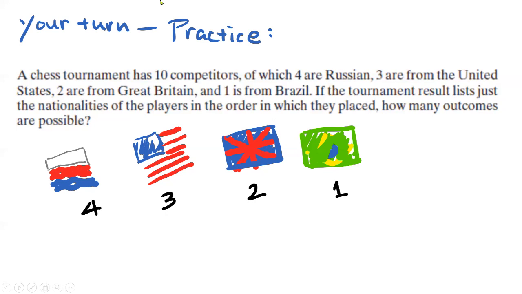Okay, have we finished? What is the result? According to the concept we have learned, we can directly write the result as 10 factorial, which is the total number of elements, right? 4 plus 3 plus 2 plus 1 is 10. So 10 factorial divided by 4 factorial, 3 factorial, 2 factorial, and 1 factorial.